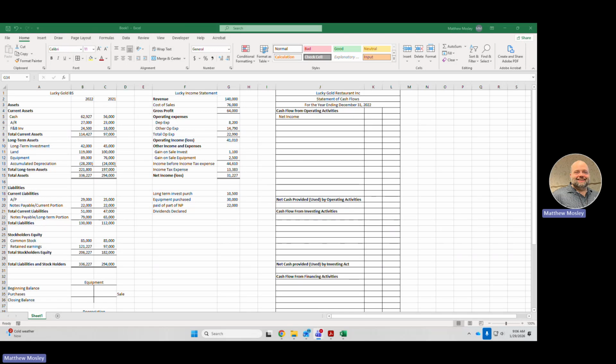When we're doing our cash flow statement, the first thing that we do is start with our net income. All right, cash flow from operating activities, just like we've done in class before. If you have done what I did and set this all up, you can just do things like this, and it automatically transfers over.